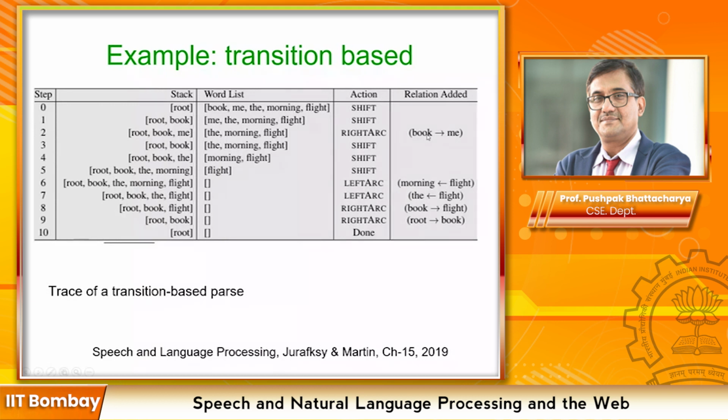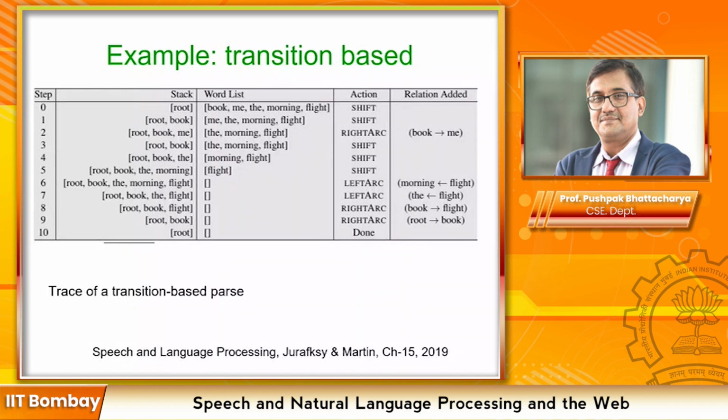I will benefit from the booking of the ticket for the morning flight. And what is being booked? Flight is being booked. Now, after I do this right arc setting up, then me disappears from the stack. The modifier always goes out first from the stack. Always the modifier goes out.